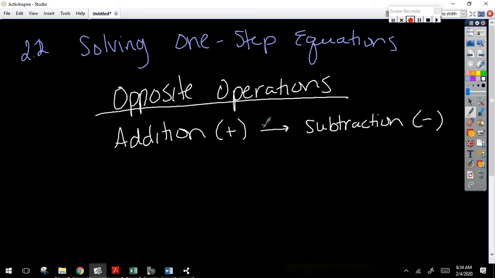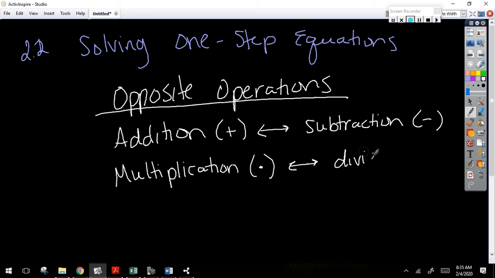The opposite of subtraction is addition. How about multiplication? Division. These are the ones that we will focus on today and for a while until we add some more stuff here. Opposite operations are what cancel each other out. They're complete and total opposites.